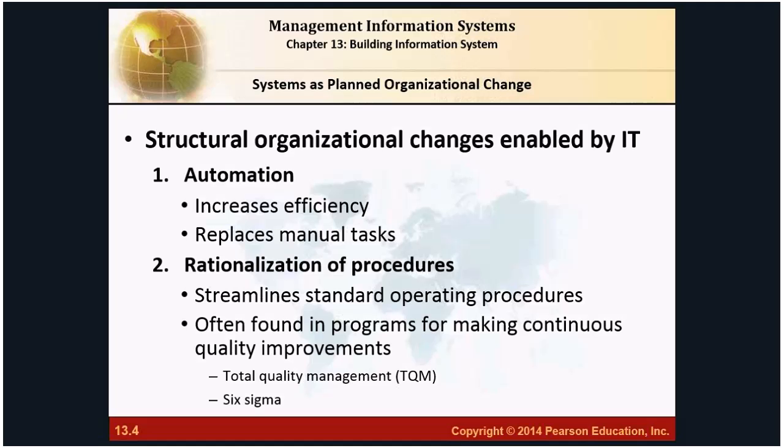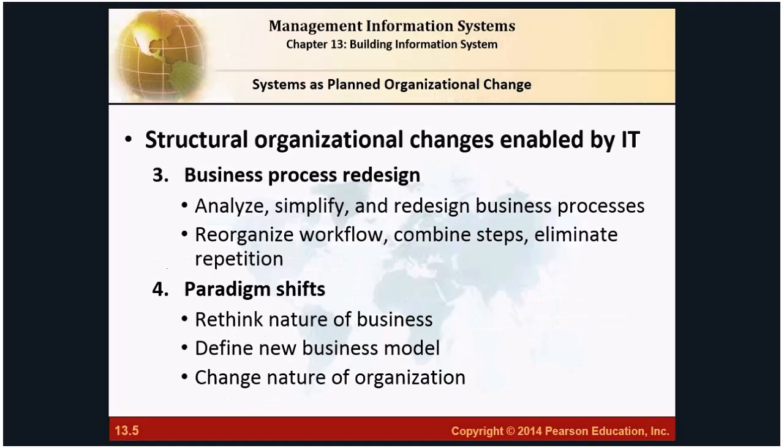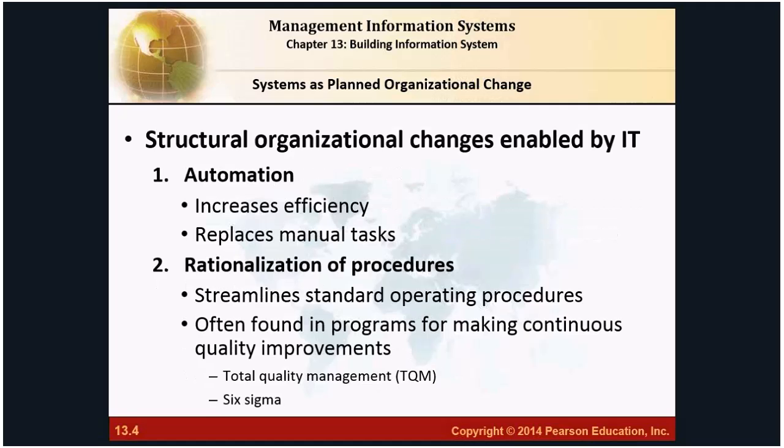So what do you understand by automate and rationalize? There are two other points, that is business process redesign and paradigm shift, right? So those are the 4 main changes that you can do with a new system or new software, right?